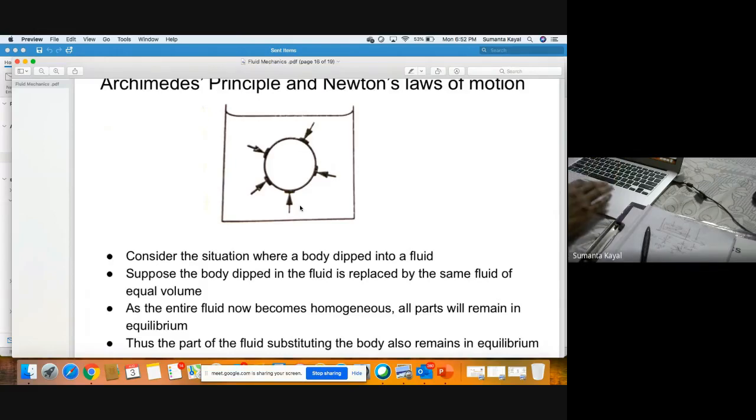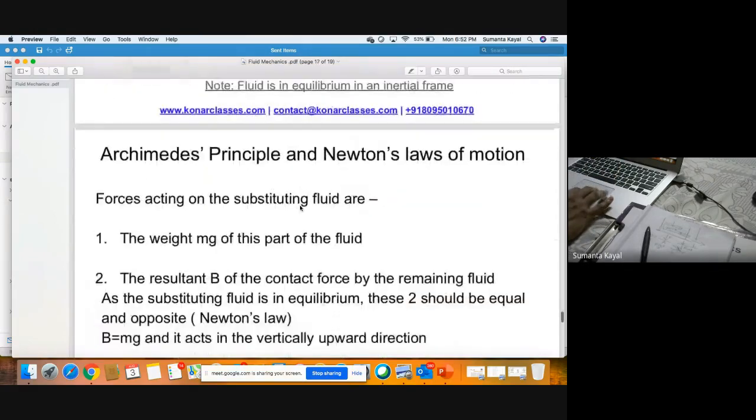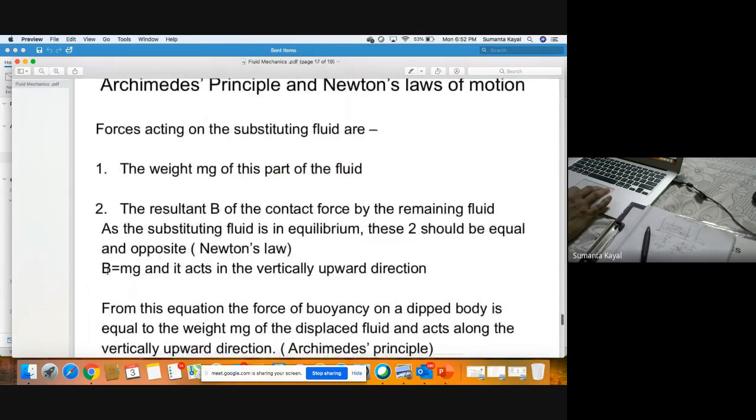So more water means m is more. That means if I flatten that surface, then I will be able to get more buoyancy from the water, and therefore the vessel is floating.